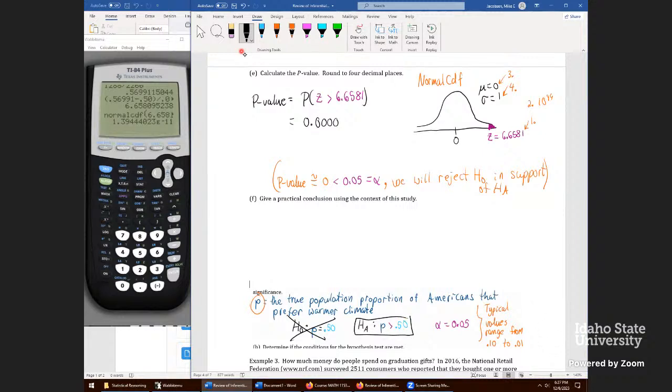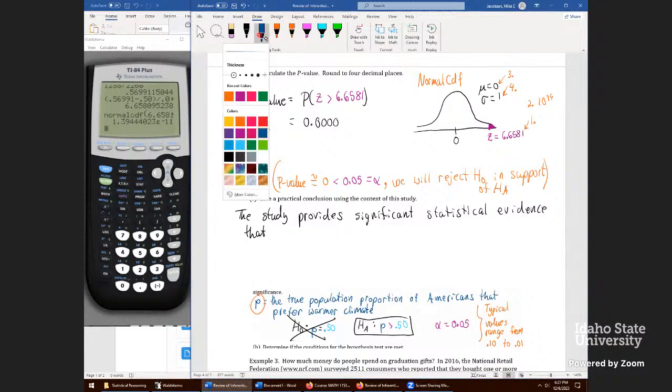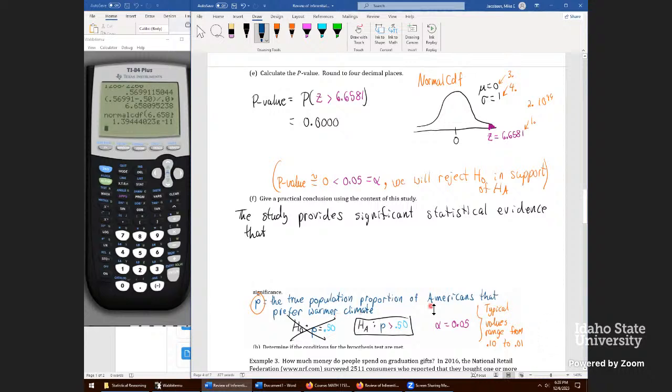But first we want to say that we have found something, and so we usually start by saying the study provides significant statistical evidence that, then go to the parameter, and we're essentially just going to say the true proportion of Americans that prefer warmer climate is greater than 50%. So we're just reading that out verbatim.